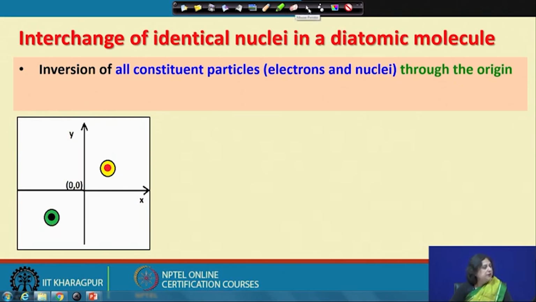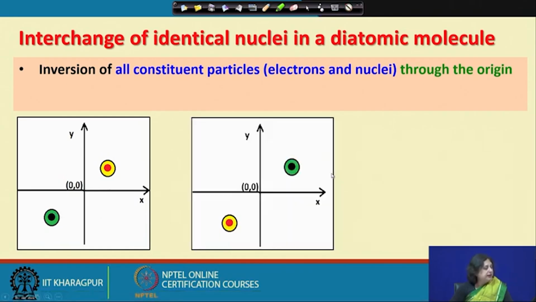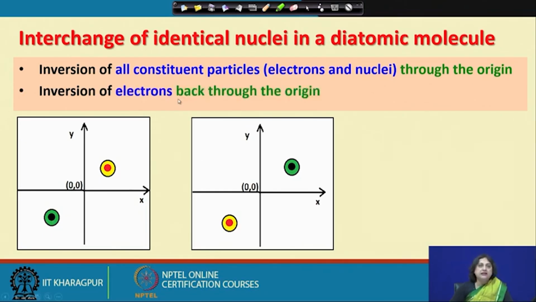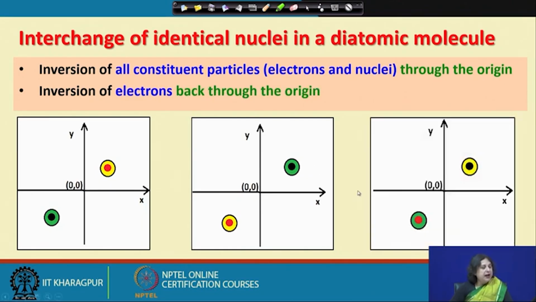Now, in the first step, if this is my starting configuration, I have 1 here, 2 here, and I would like to invert all the constituent particles through the origin, and this would definitely result in something like this. Obviously, this will go to this position as we see in this picture, and this will come to this position. After this, we have a second step of inverting the electrons back through the origin, and this is what we get.